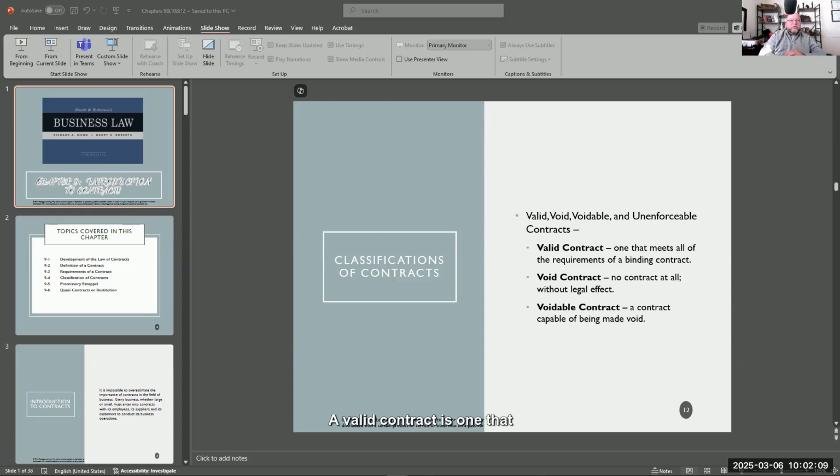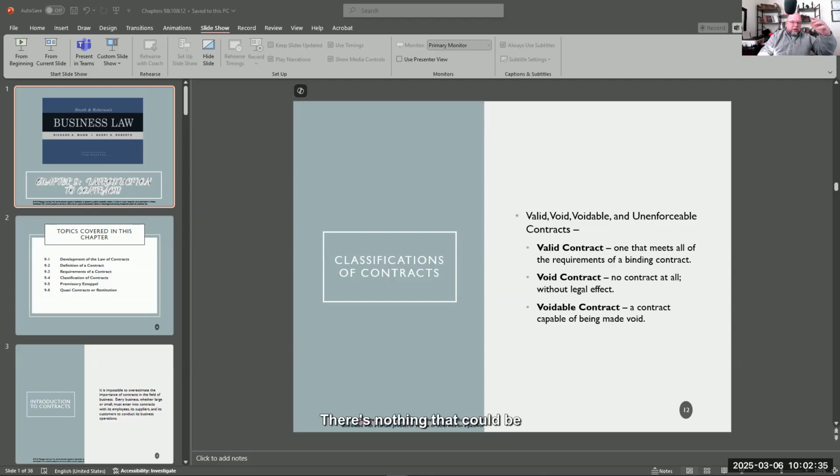A valid contract is one where everything is done how it should be. That contract is binding upon all the parties involved in it, and it means that it's met all the requirements. The offer was there. It was a legal offer. The acceptance was done. It was a legal acceptance. That consideration was legal between the two parties. There's nothing of illegal means involved.